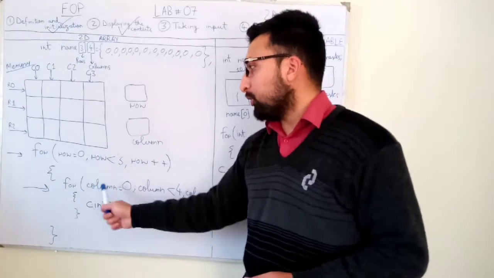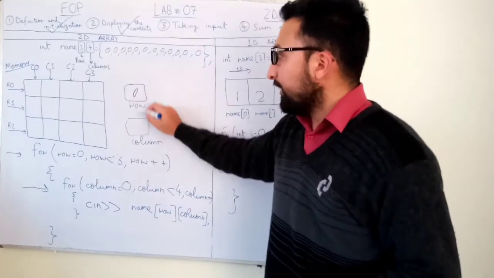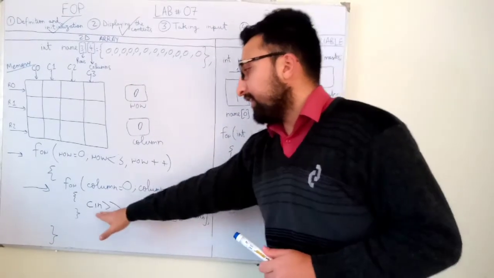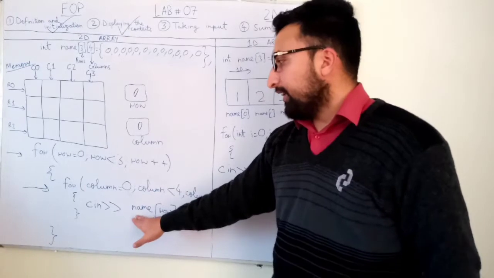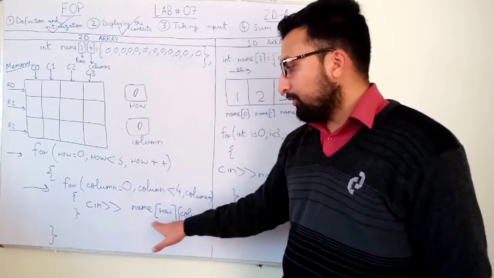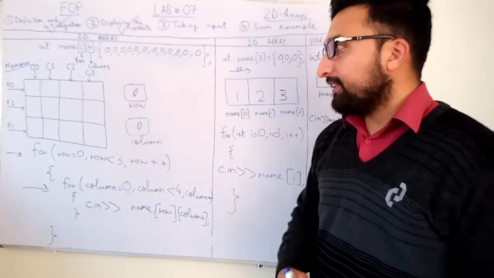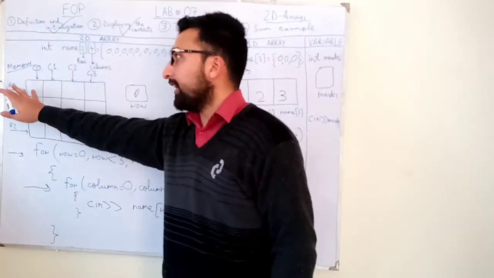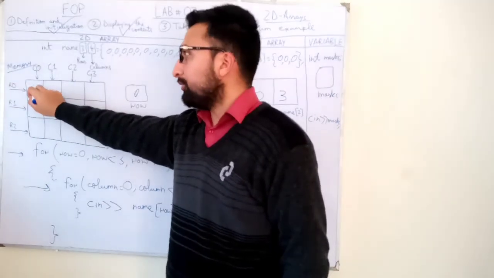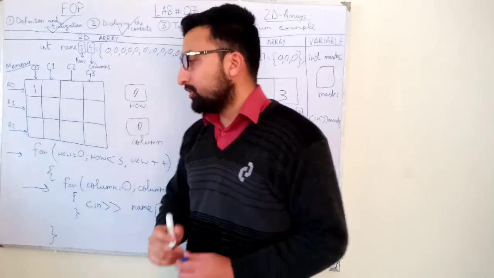In the start, row and column are both 0. So we are taking input in the place name of 00, and that means we are storing the data where the row 0 meets the column 0. So for example, the user inputs 1, it gets stored here.